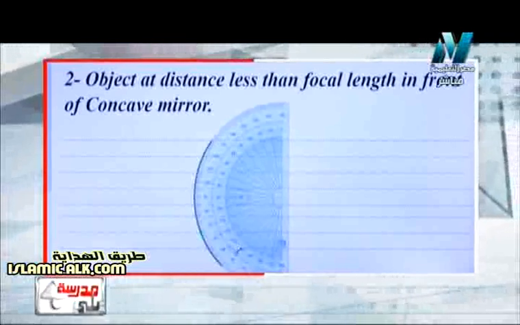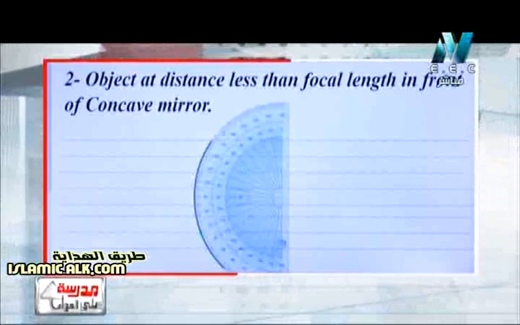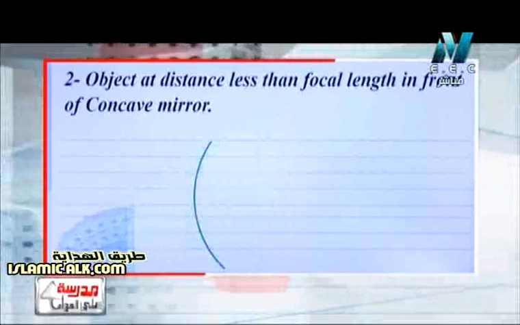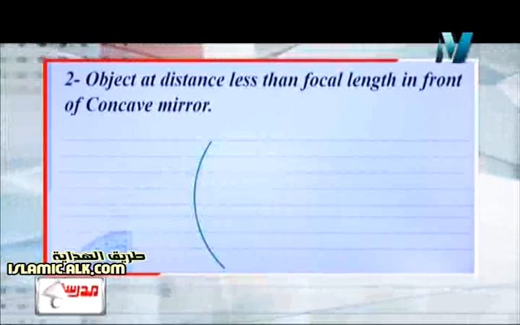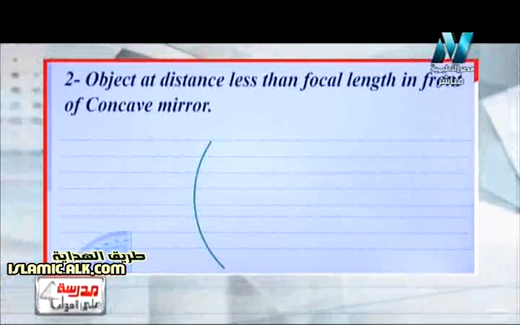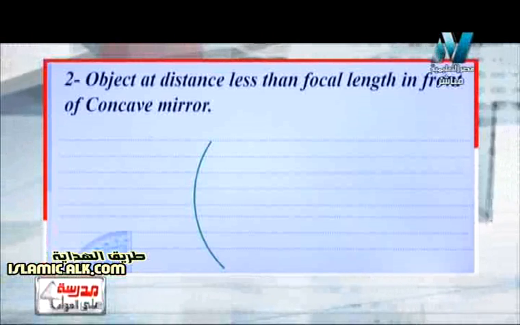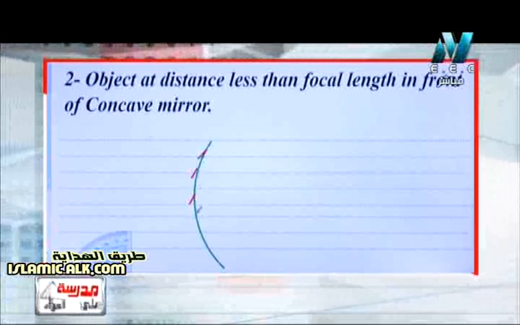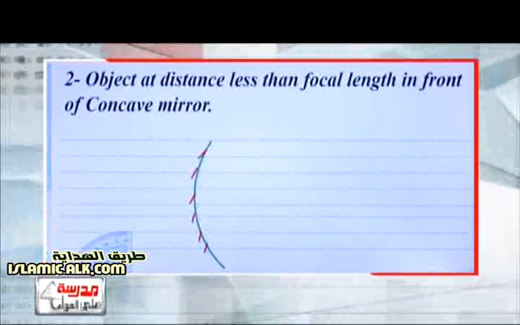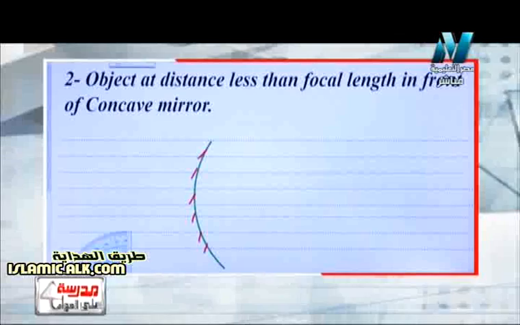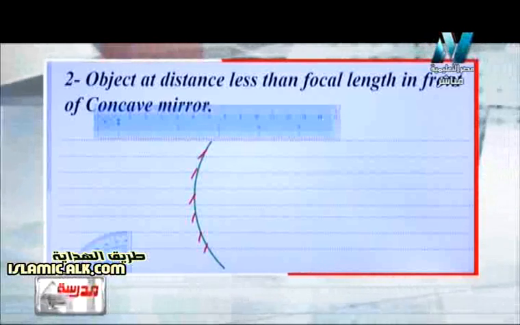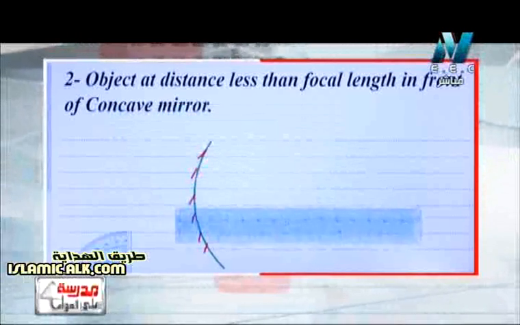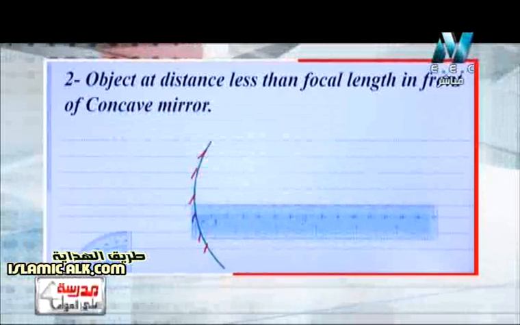Here, what do we have, dear students? We have a protractor to draw the body of the concave mirror, as you see like that. At the same time we should use the ruler to draw the principal axis.